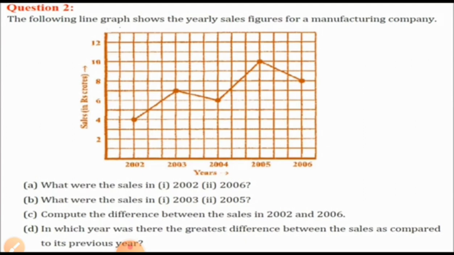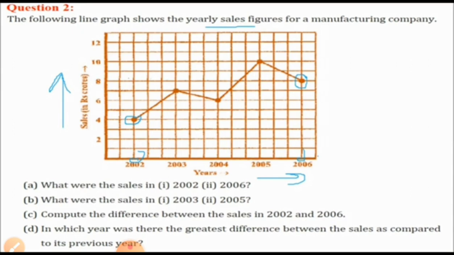Look at question number 2. Here the graph shows the number of years and sales. The graph shows the sales figures for a manufacturing company for 2002, 2003, 2004, 2005 and 2006. According to that, the sales in 2002 are given as 4, in crore, 4 crore rupees.